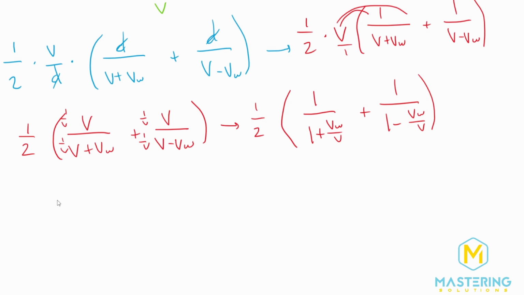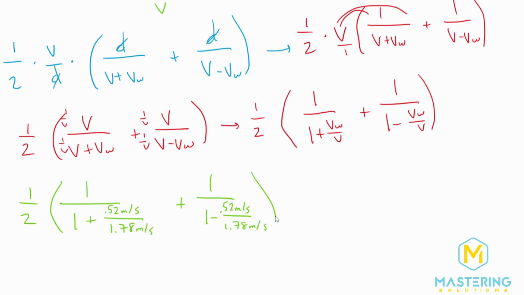So now when we plug our numbers into this final equation, after all of that, we have 1/2 multiplied by 1 over 1 plus vw, which was 0.52 meters per second, divided by the 1.78 meters per second we were swimming at, plus 1 over 1 minus 0.52 meters per second divided by 1.78 meters per second.